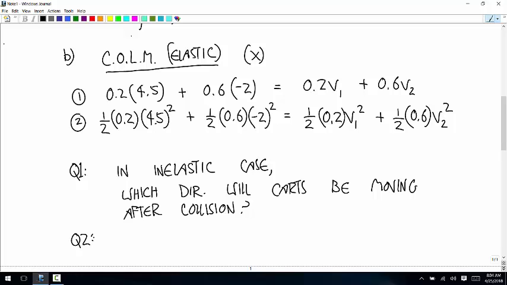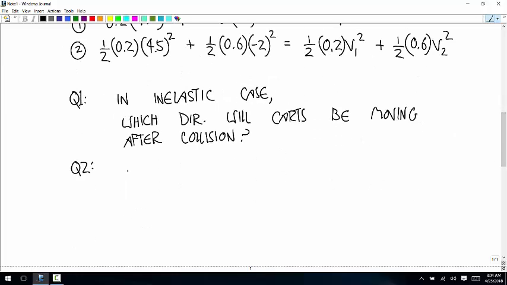Then the second question is, in the elastic case, which direction will each cart be moving?